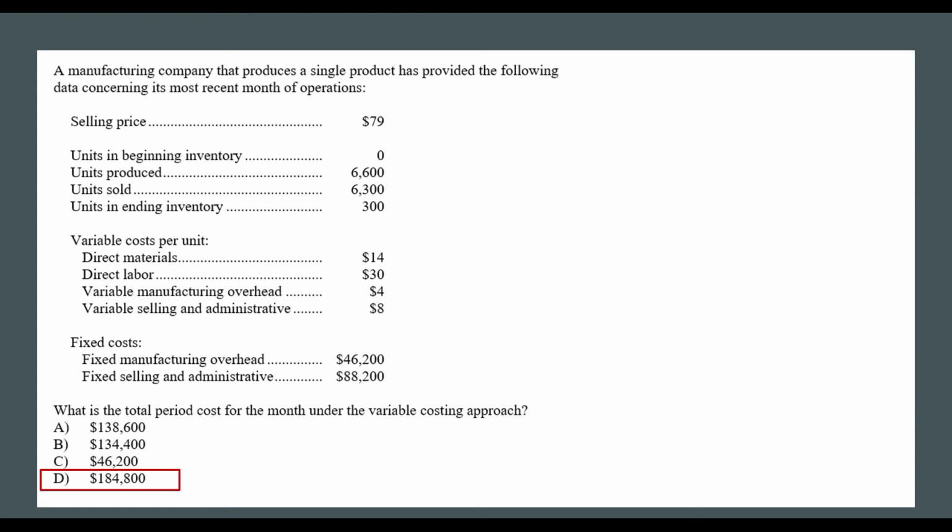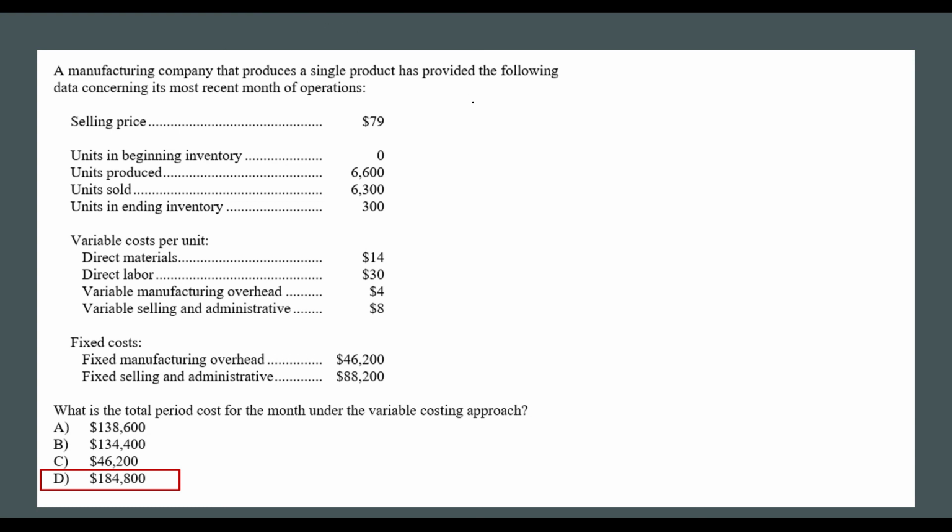Is it only the two that are included in the period cost? The answer is no. We are missing one more item. What is that? It is your fixed manufacturing overhead. Remember, under variable costing, your fixed manufacturing overhead is treated as your period cost. So we will be having three items in computing the period cost under variable costing approach.